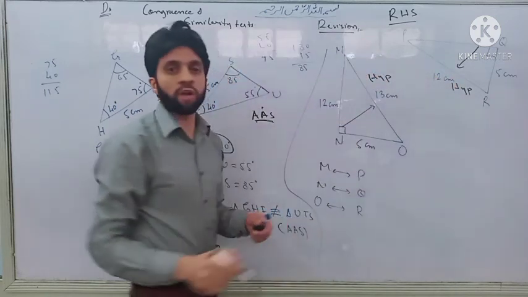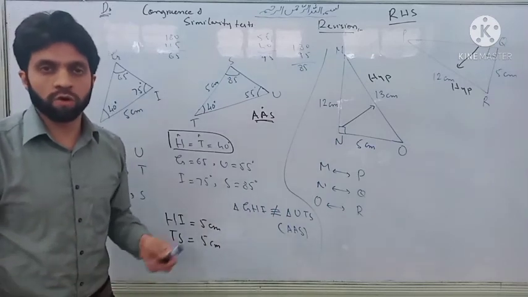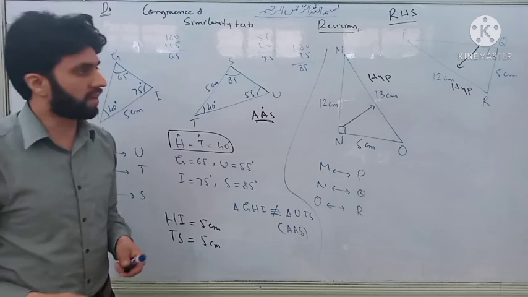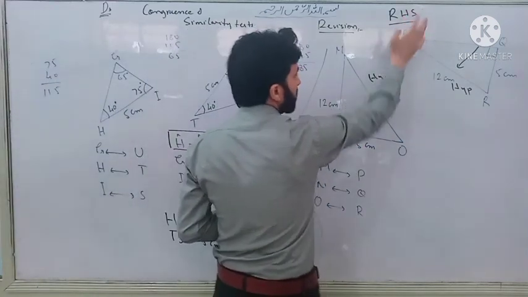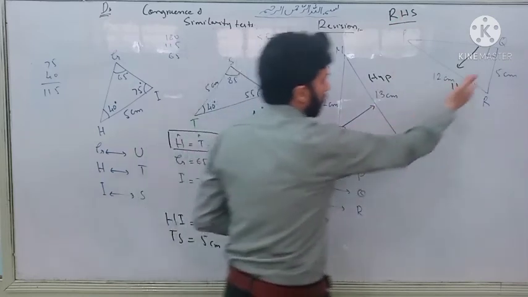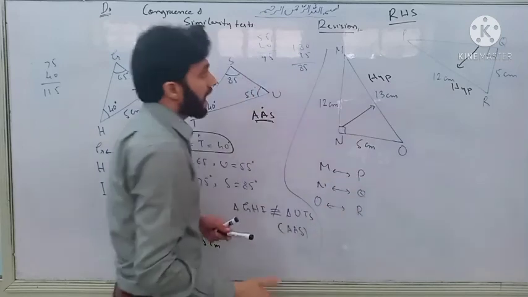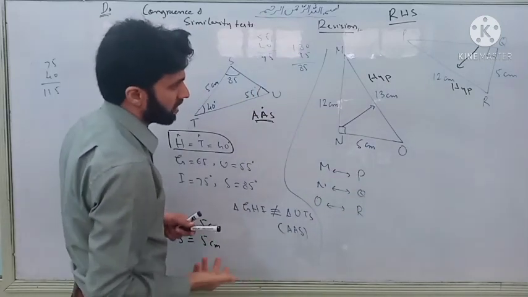So we do not have the same hypotenuse in both triangles. So one condition is not fulfilling, right? We have a right angle in both triangles.